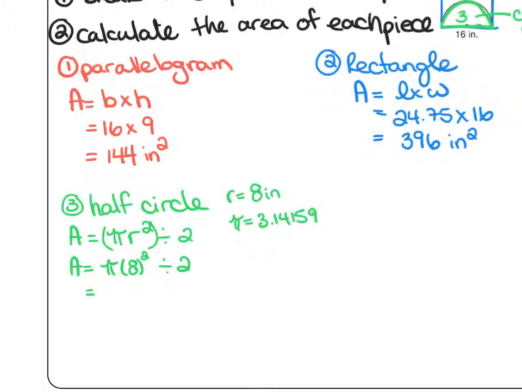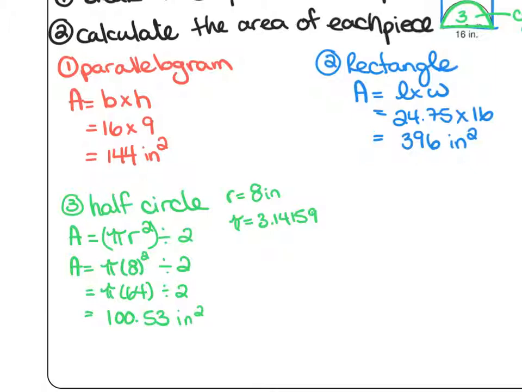So we'll do pi times 8 squared, which is 64, and then we'll divide by 2. So 64 times pi divided by 2 gives us 100.53. And again, this one is inches squared.